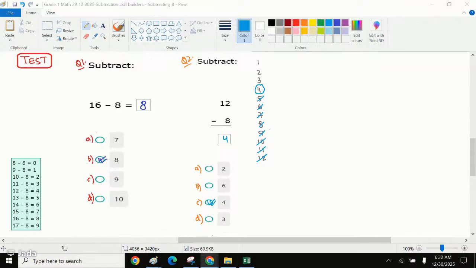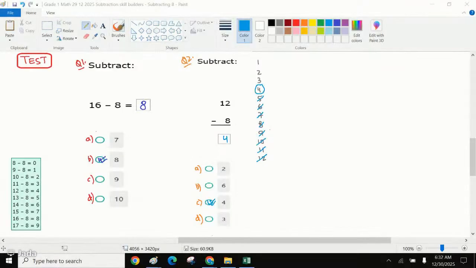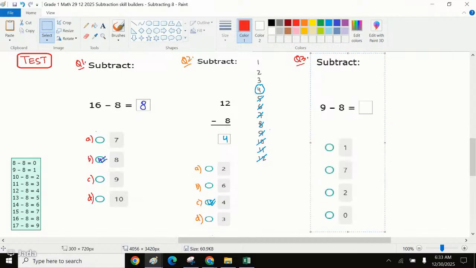Okay. The next one, very easy. It says subtract 9 minus 8. Question number 3 says subtract 9 minus 8. So what is 9 minus 8?